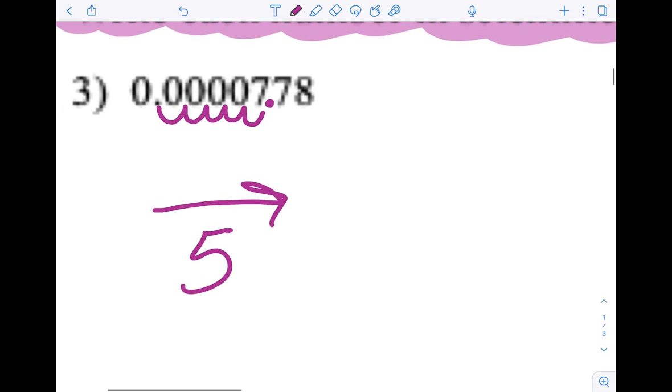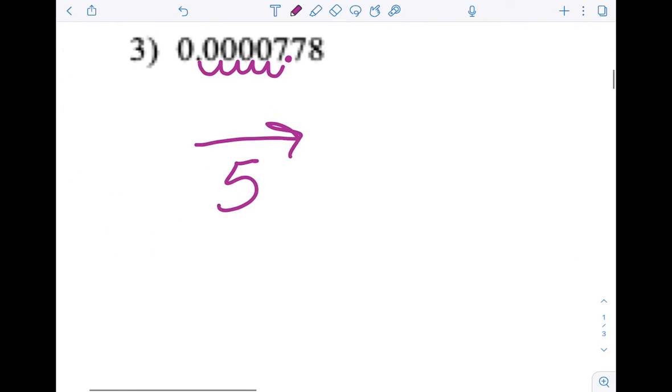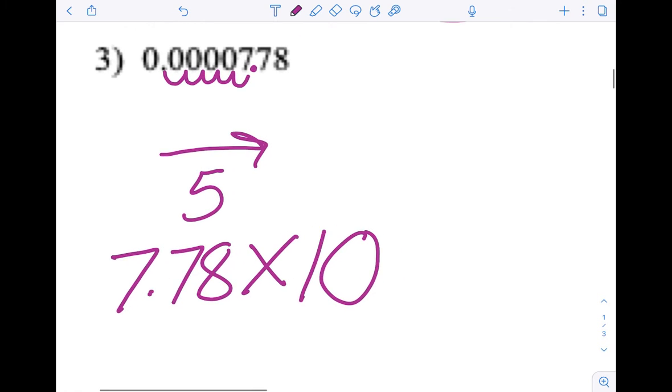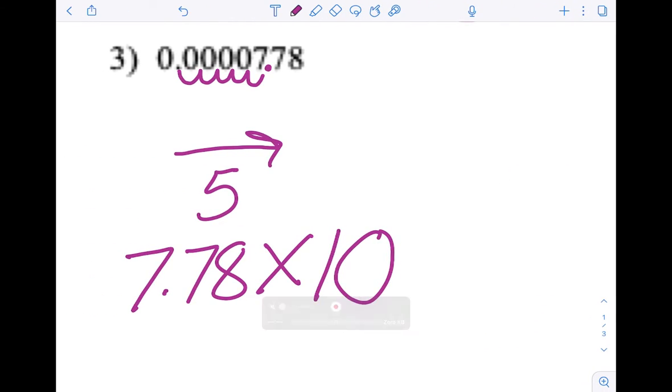What does it mean to move to the right? So our answer is going to be 7.78 times 10, right? We're writing in scientific notation. Move to the right means negative exponents. That means that our 5 is going to be a negative 5.